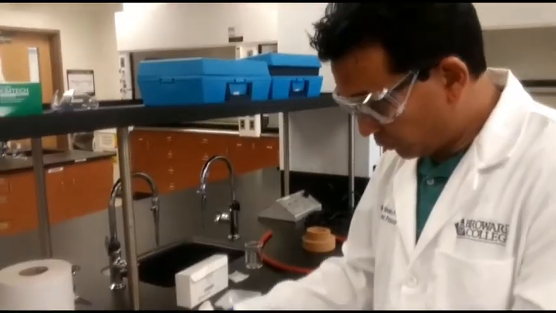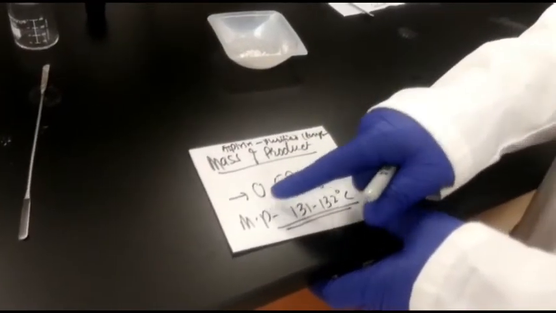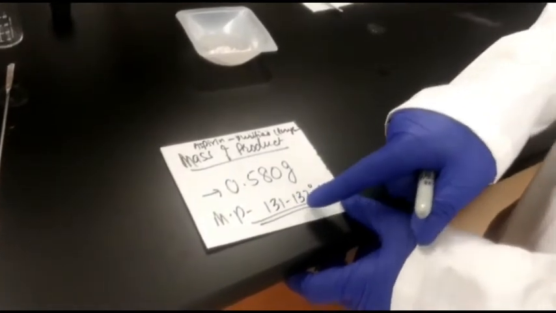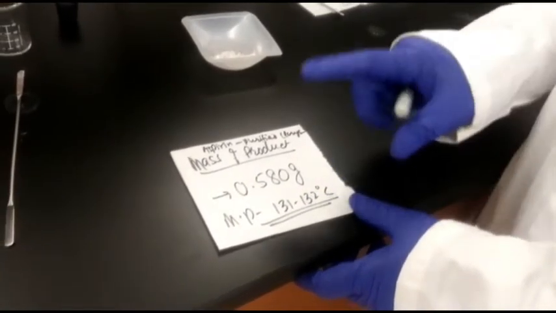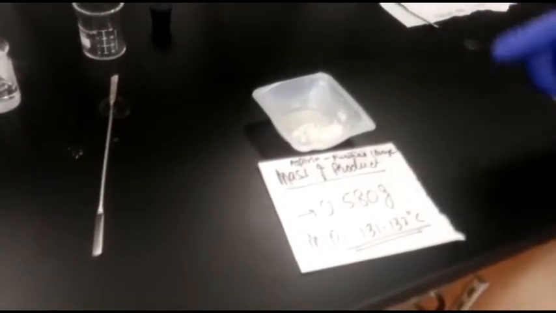Okay. So please record here the mass of the product, 0.580 gram, and the melting point is 131 to 132 degrees Celsius. That is what we find out for this recrystallized aspirin sample.